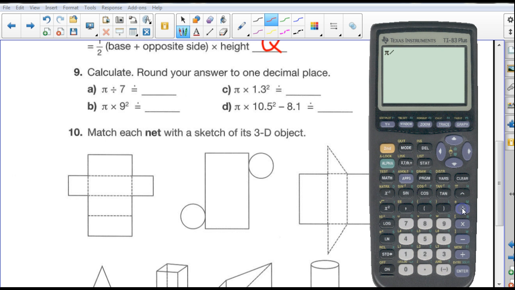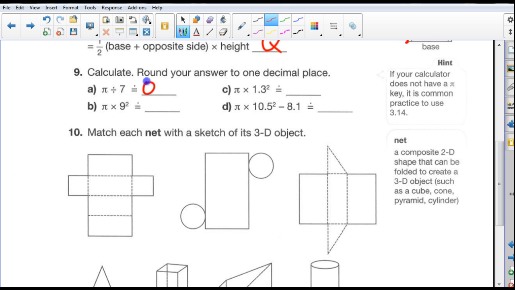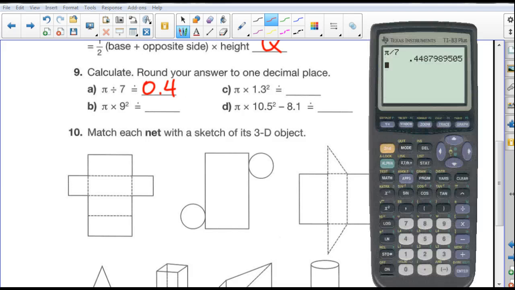And it says divide that by 7, and it says round to 1 decimal place. So it's 0.4487. I want to round to 1 decimal place, so my second digit is a 4, so I'm going to keep it at 0.4.